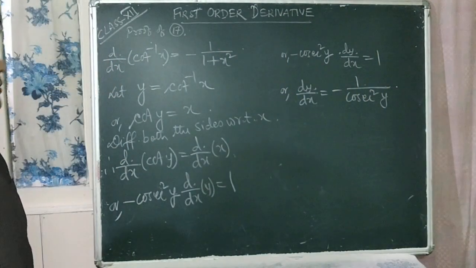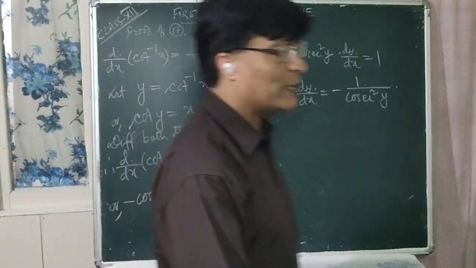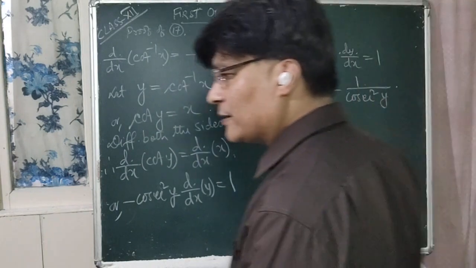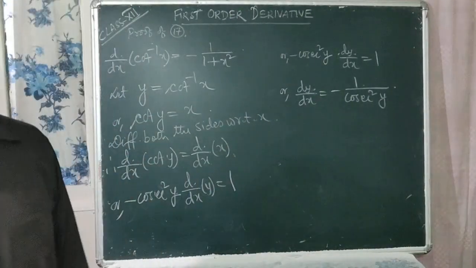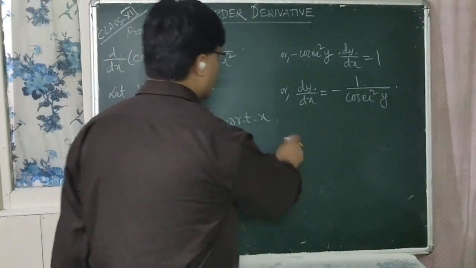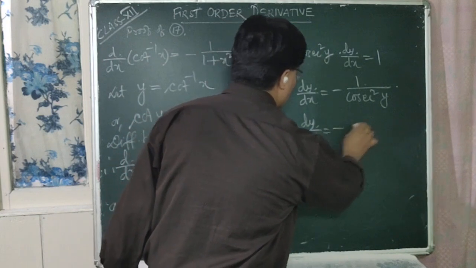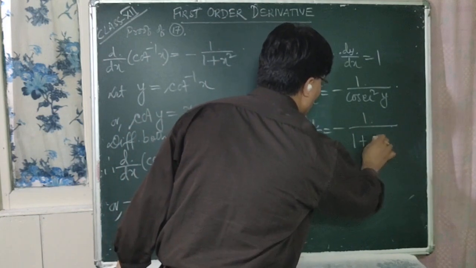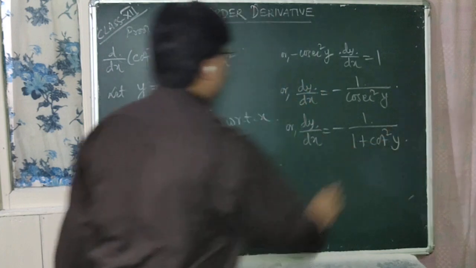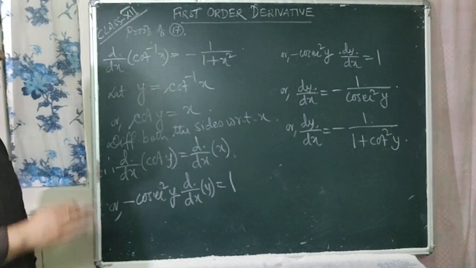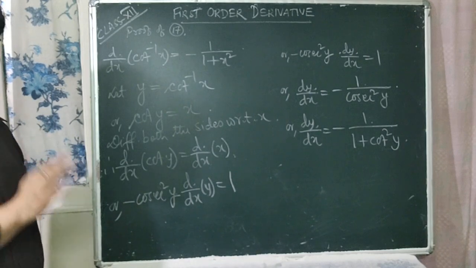Is that clear? But you should write dy by dx in terms of x. So how will you write it in terms of x? You know the formula of cosec square y, isn't it? What is the formula for cosec square y? It is 1 plus cot square y. So dy by dx is equal to minus 1 upon 1 plus cot square y.